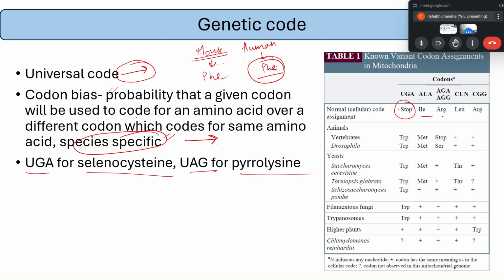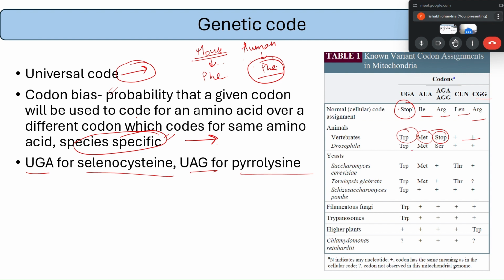AGA and AGG code for arginine, and CUN codes for leucine. Likewise, CGG codes for arginine. In vertebrates, the stop codon UGA codes for tryptophan in some. AUA codes for methionine, and AGA or AGG is a stop codon. But these two are normal in some of the vertebrates.